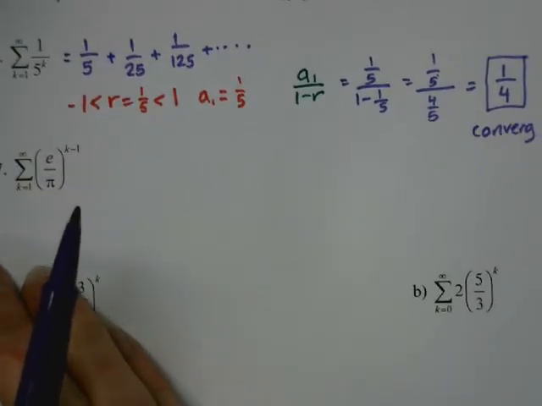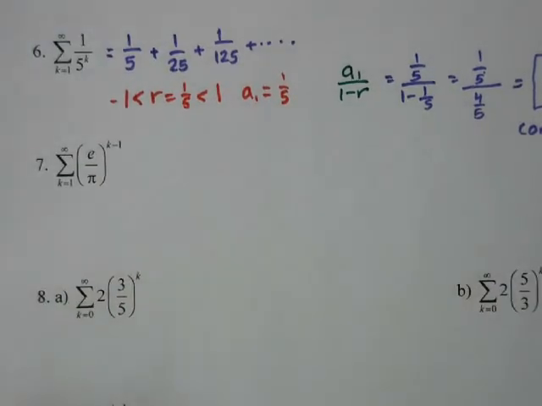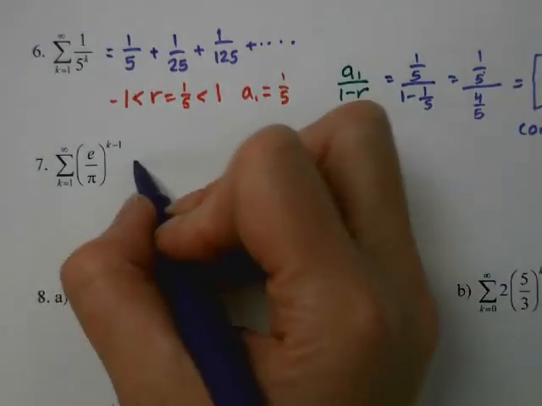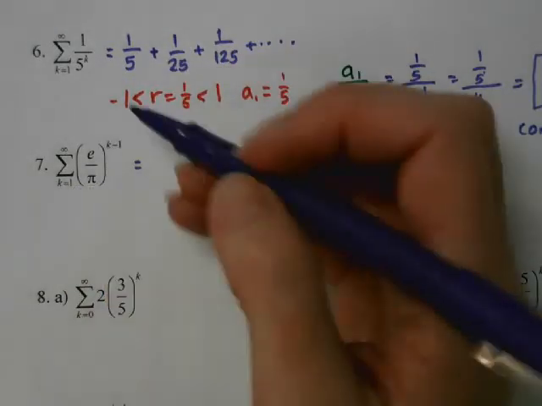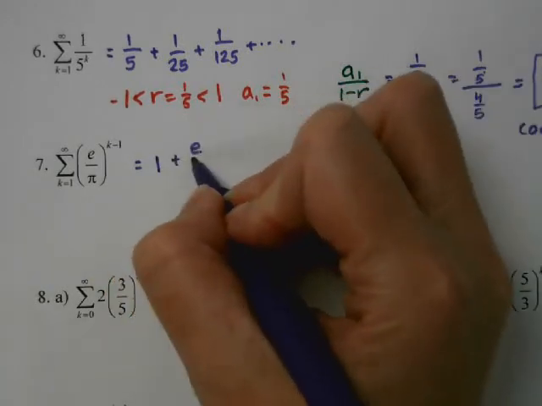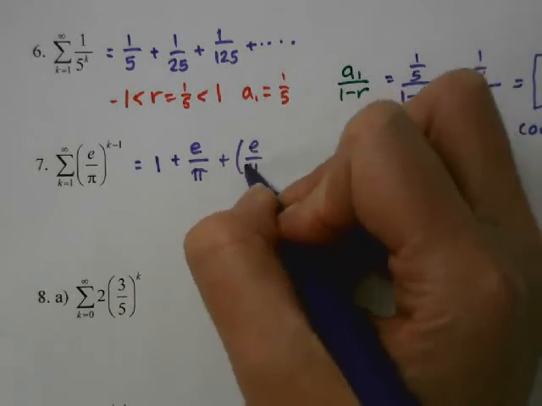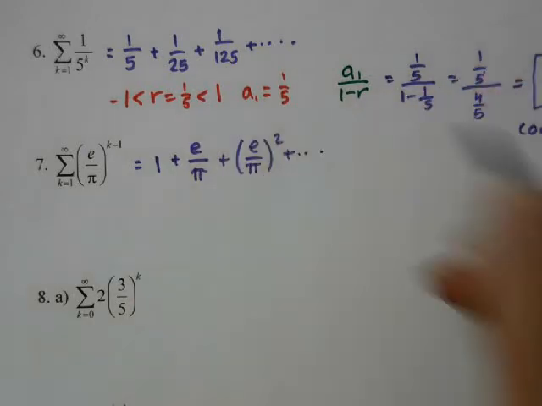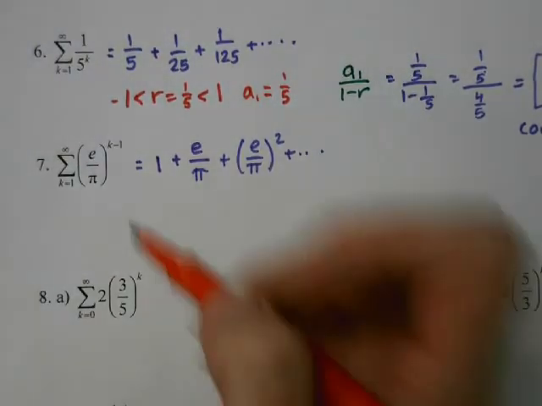Okay, we'll do that again with e over pi. So plugging in 1, that's going to be 0, because we're raising it to the 0, so we're going to have 1, plus e over pi, plus e over pi squared. Okay, well our common ratio here is e over pi.